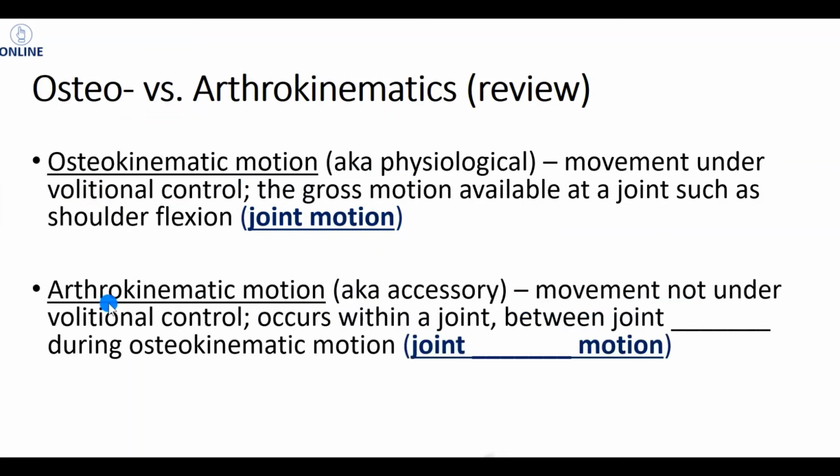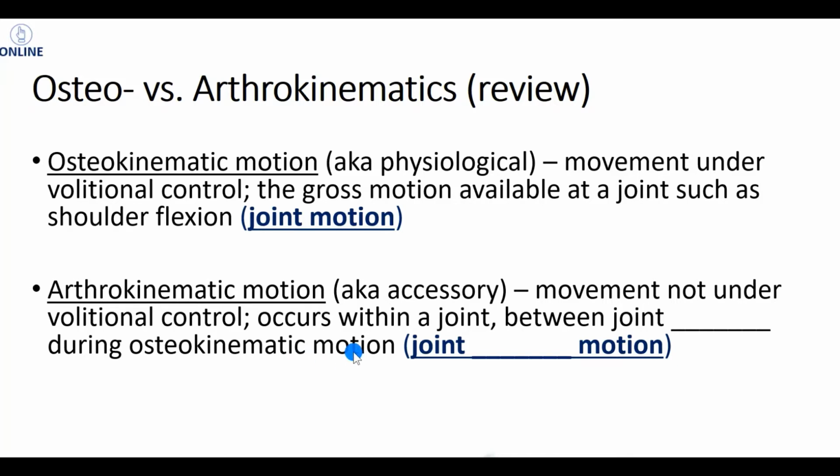This is different than arthrokinematic. When you think arthro, you think of joint motions, and in particular, you're thinking about joint surface motions. So the articulating surfaces between two joints, how do they move? How does one move on the other, or maybe both of them are moving simultaneously on each other? Sometimes you have a fixed bone, and sometimes you have a dynamic bone.